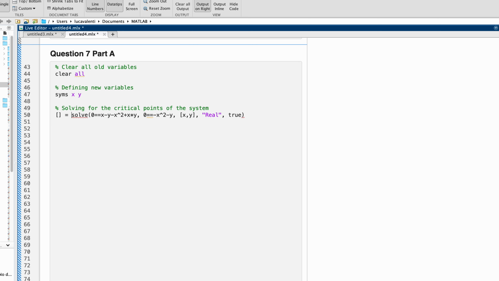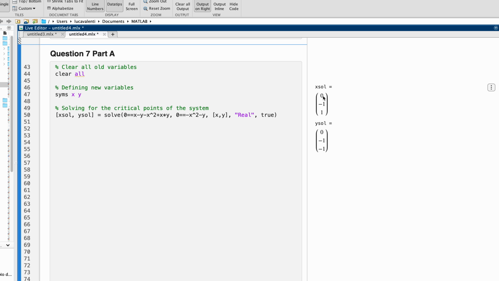And now you want this to output in your xsol and ysol. I named them differently because I like to keep them separate from the variables. So now we press Control Enter, and we see what Matlab gives to us.